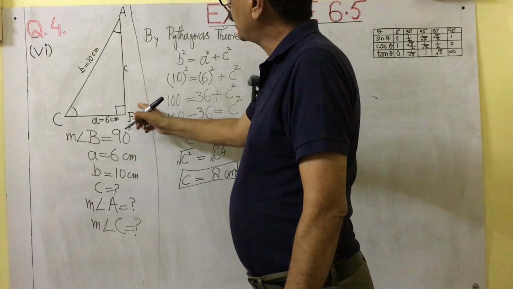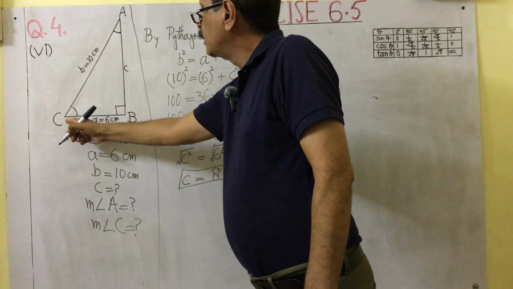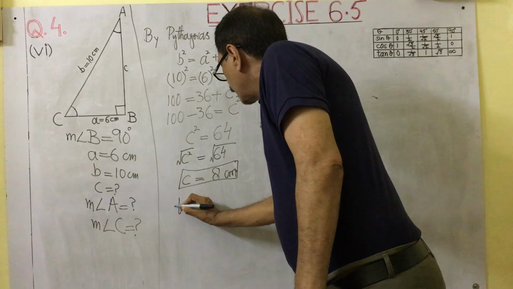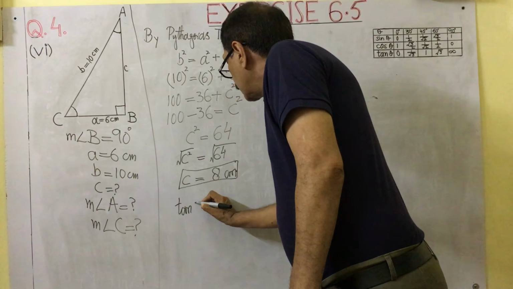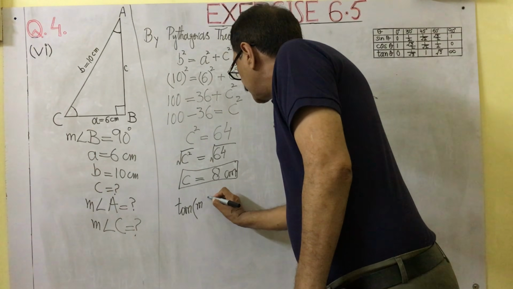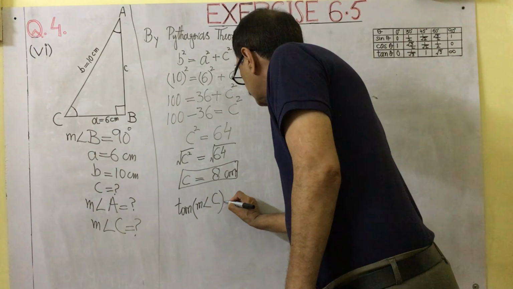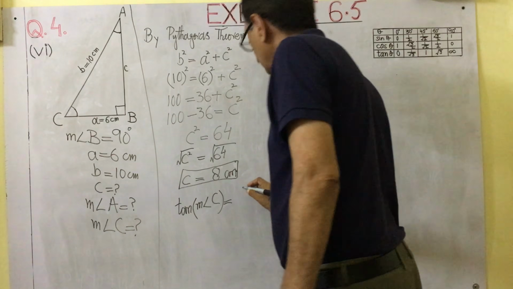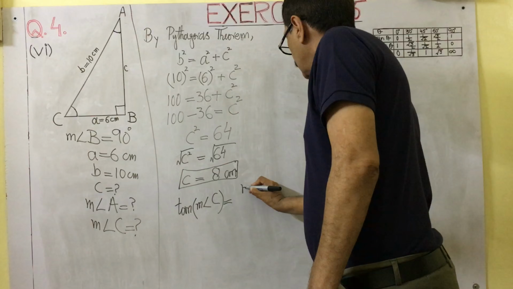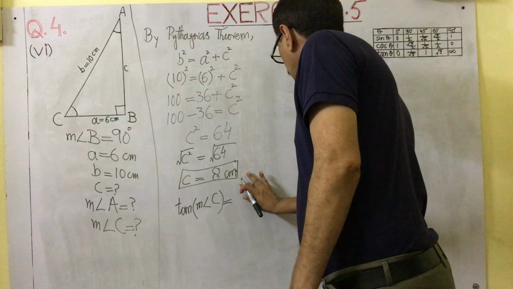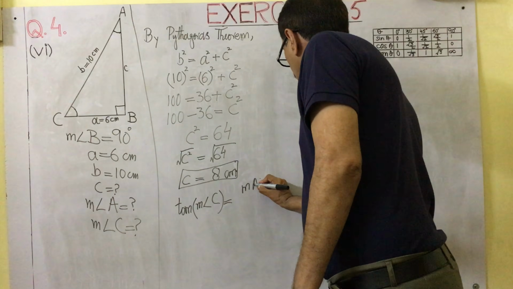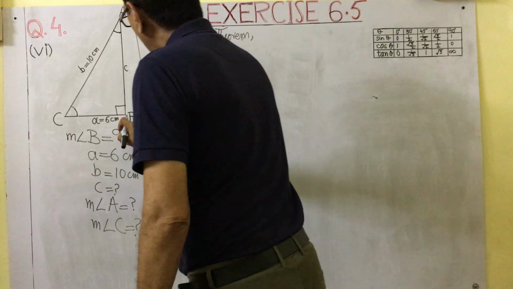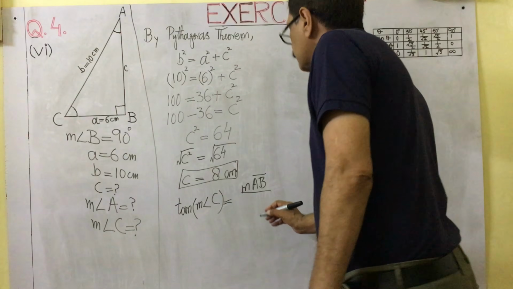In right angle triangle ABC, tangent of angle C is perpendicular over base.